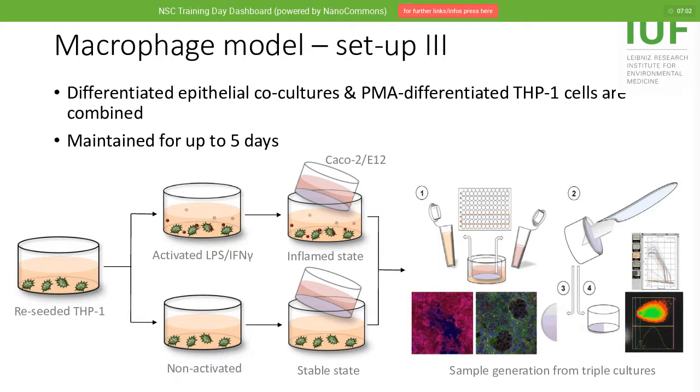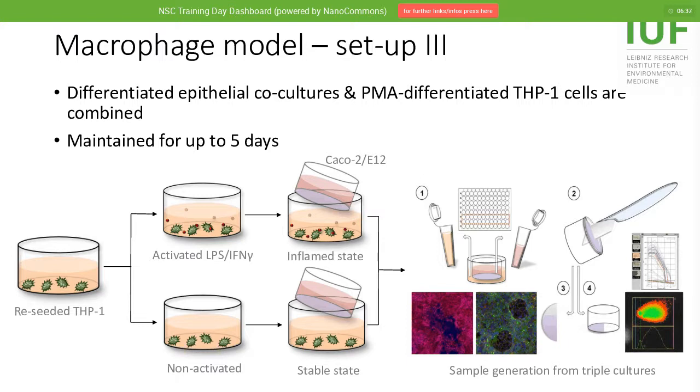The last stage of the model development is actually bringing these two first stages together: the fully differentiated epithelial transwell cultures and the PMA-treated THP1 cells. Once you have the reseeded THP1 cells, you still have to decide whether you want to start the stable culture or whether you want to use the inflamed model.